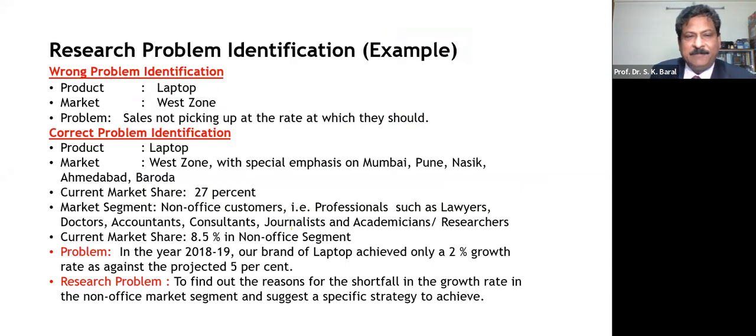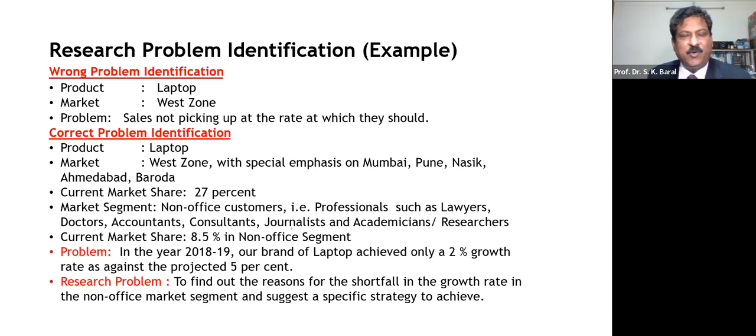And this is a classic example. Every time I love to give this example. And you see how you will identify the problem. I have written two sets of things: one is the wrong problem, one is the correct problem. So what is the wrong problem, what is the correct problem?